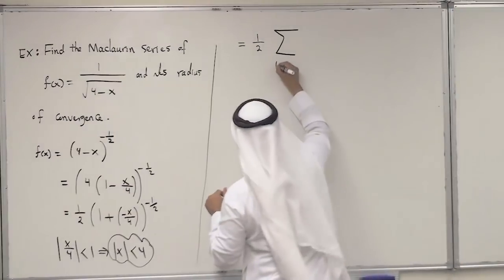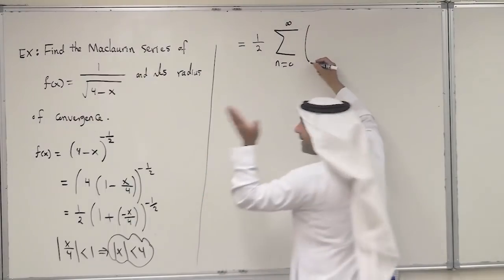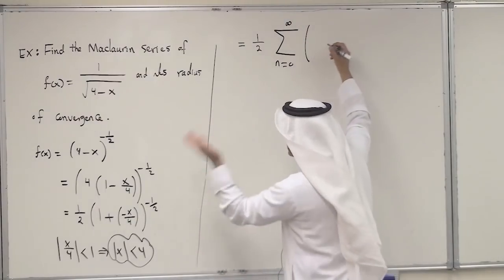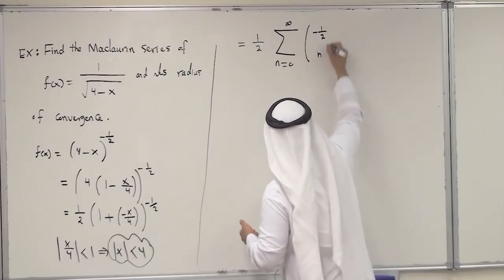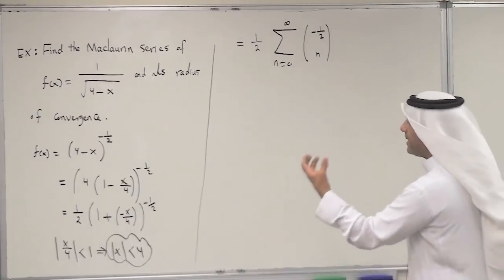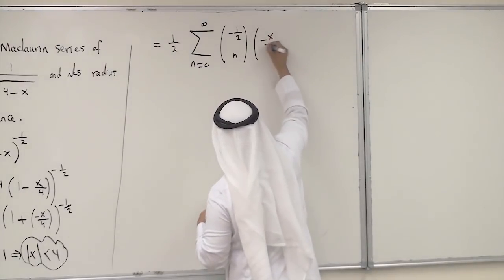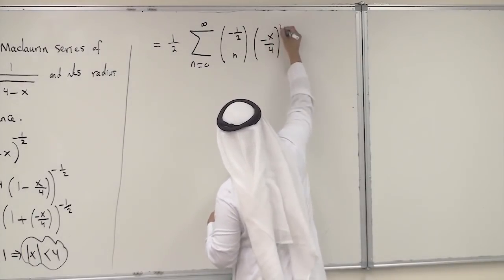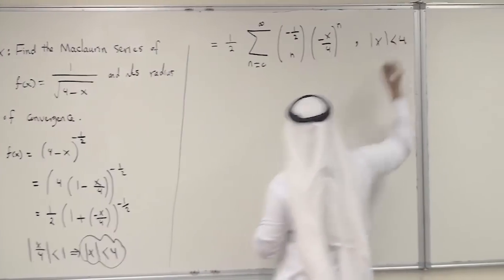Substituting, you have the sum from n equal to 0 up to infinity of minus 1/2 choosing n, times minus x over 4 all to the power n. Again, I need the absolute value of x to be less than 4.